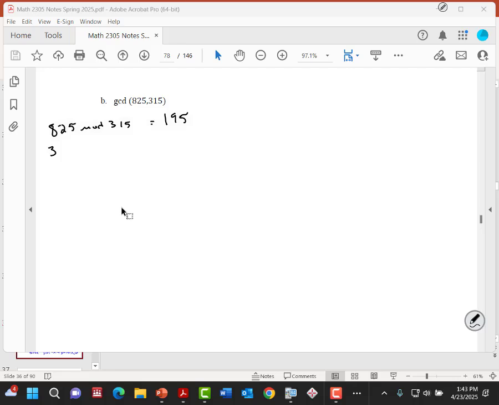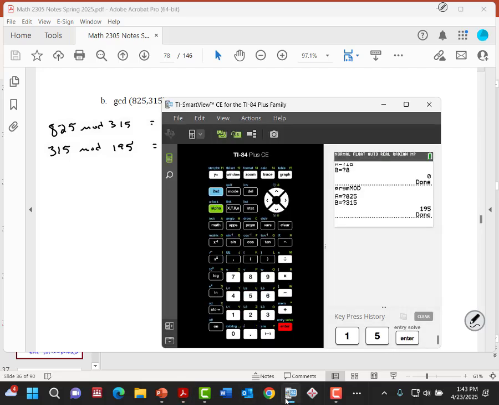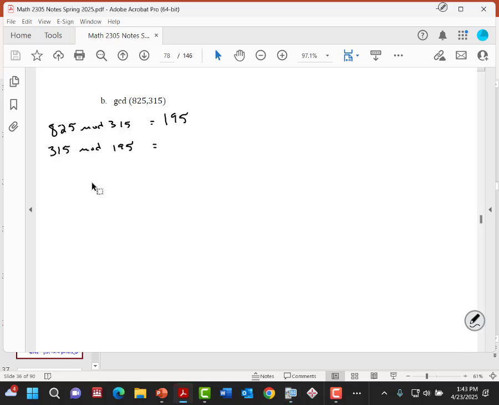Now we can see how we're just going to repeat the process. 315 mod 195 is 120.